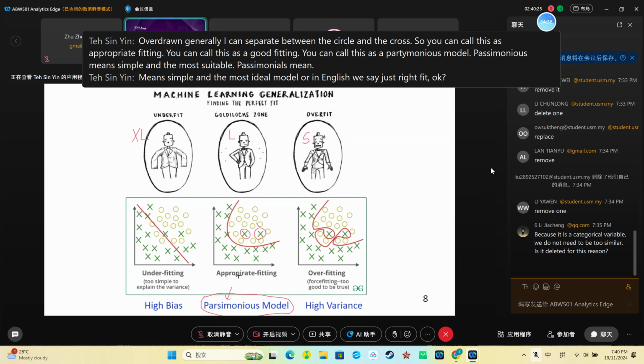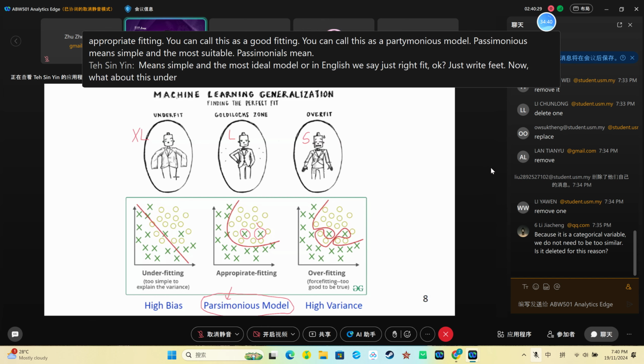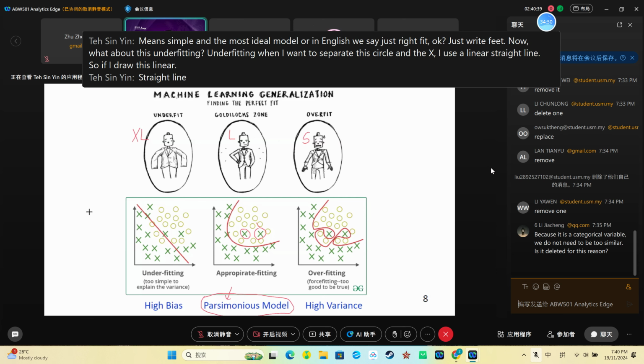Now, what about underfitting? When I want to separate the circles and the crosses, I use a linear straight line. As we all know just now, this is simple linear regression.